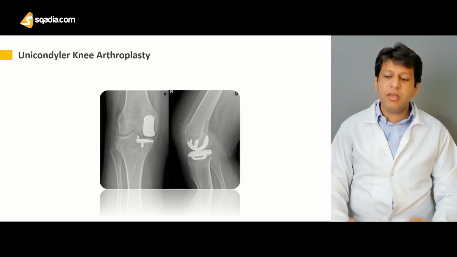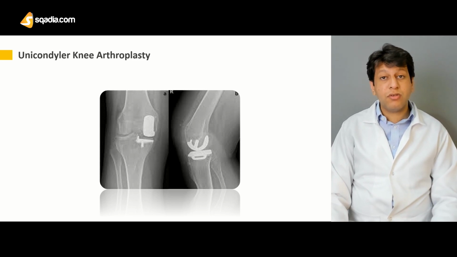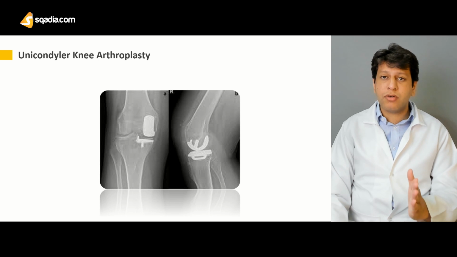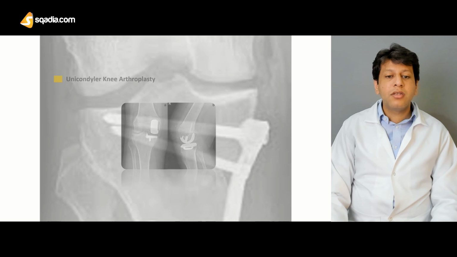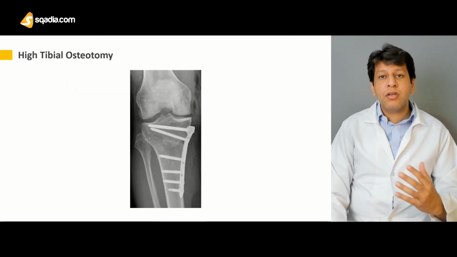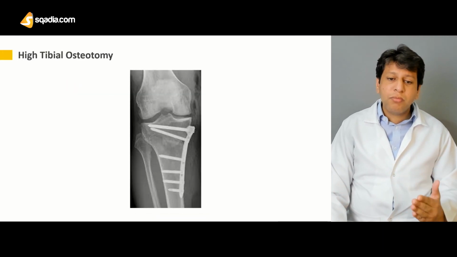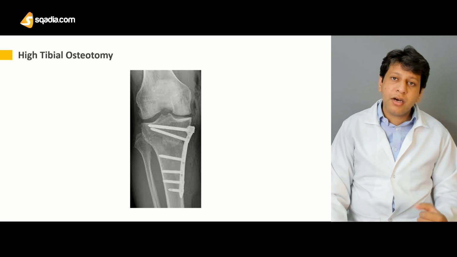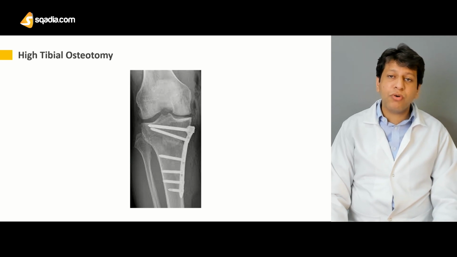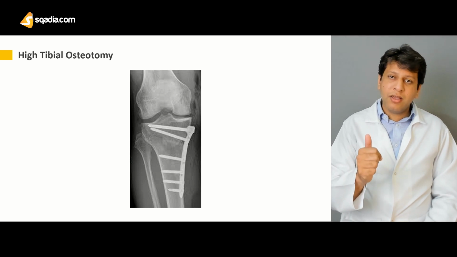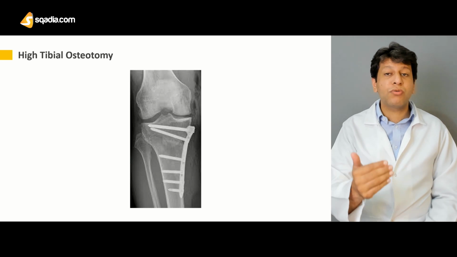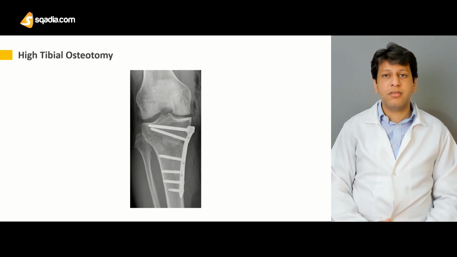But usually we have to go for the mainstay of treatment for osteoarthritis of the knee joint, which is TKR, or total knee replacement. Another option which has been tried is high tibial osteotomy, although it's rarely done. But again, like unicondylar arthroplasty, high tibial osteotomy has its own indication and contraindication as well.